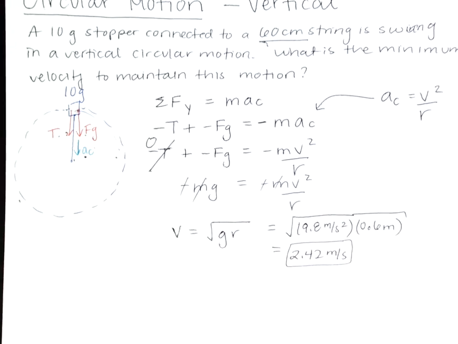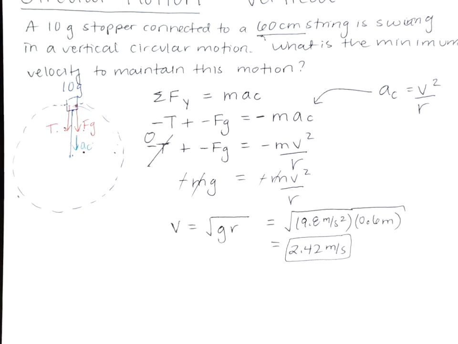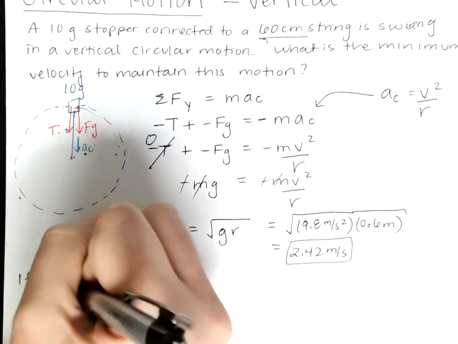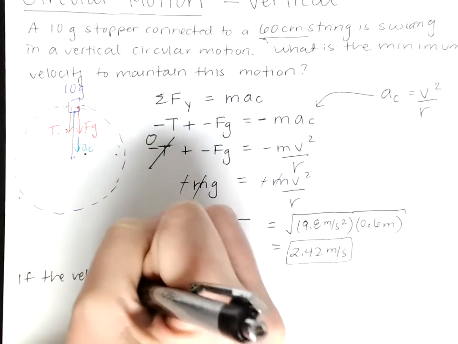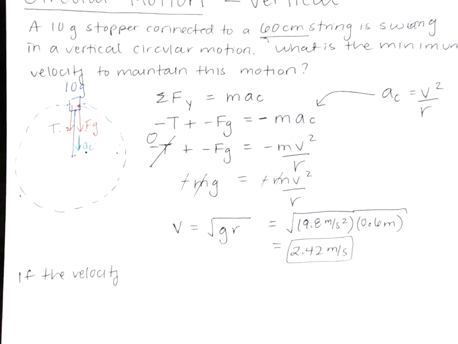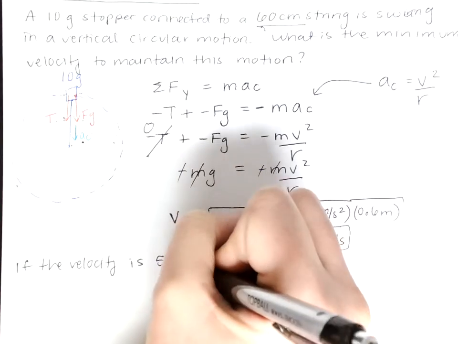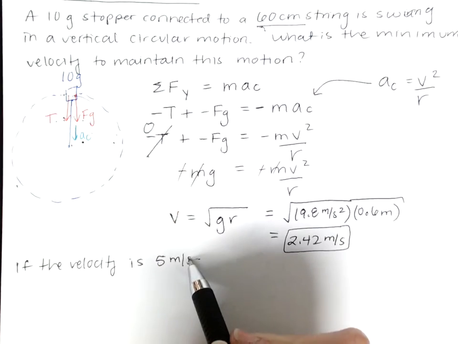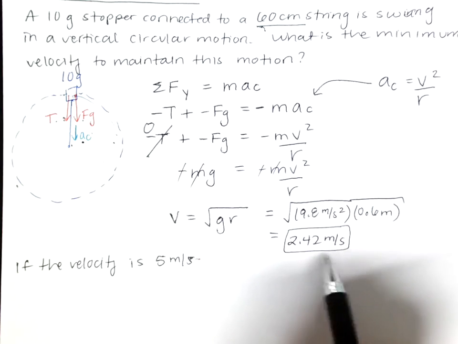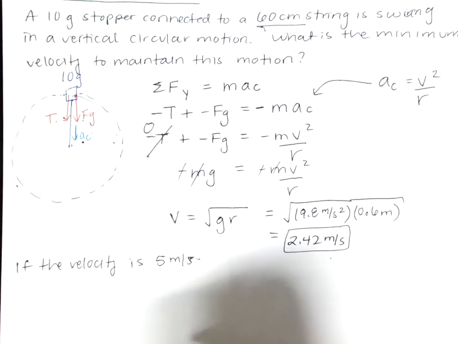Okay, so now let's say that the velocity is 5 meters per second. It's going faster than the minimum speed, so there's going to be some sort of tension in the string.